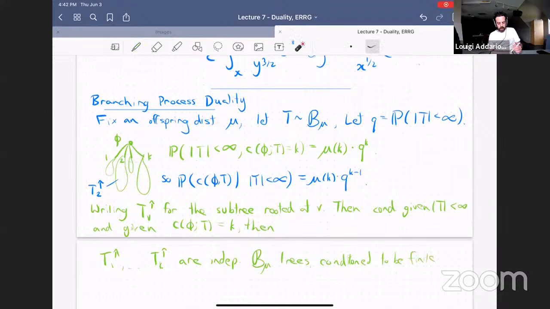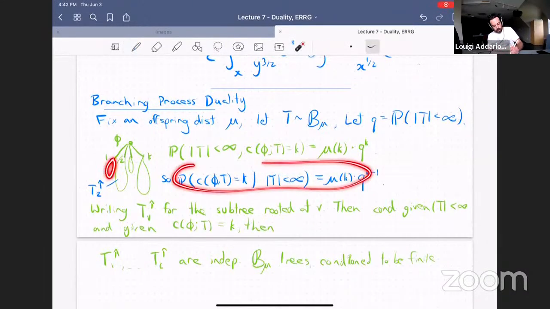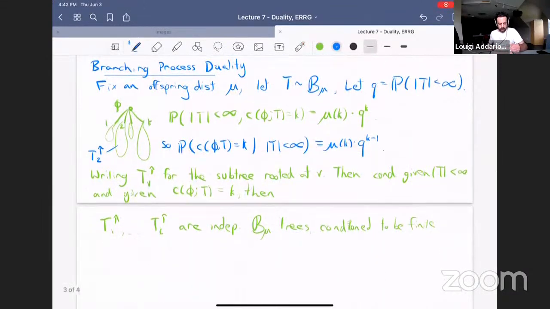So conditioning the whole tree to be finite, we have a new offspring distribution, but the branching property still goes through, and you see a different BGW tree.